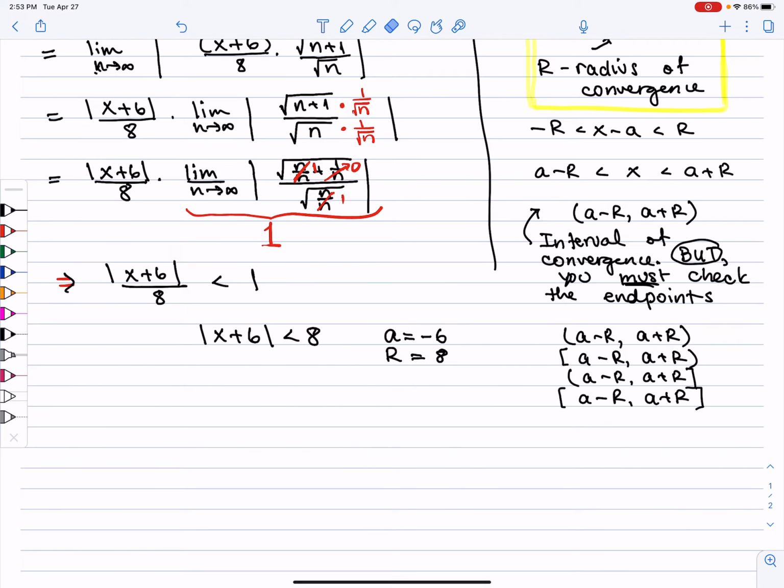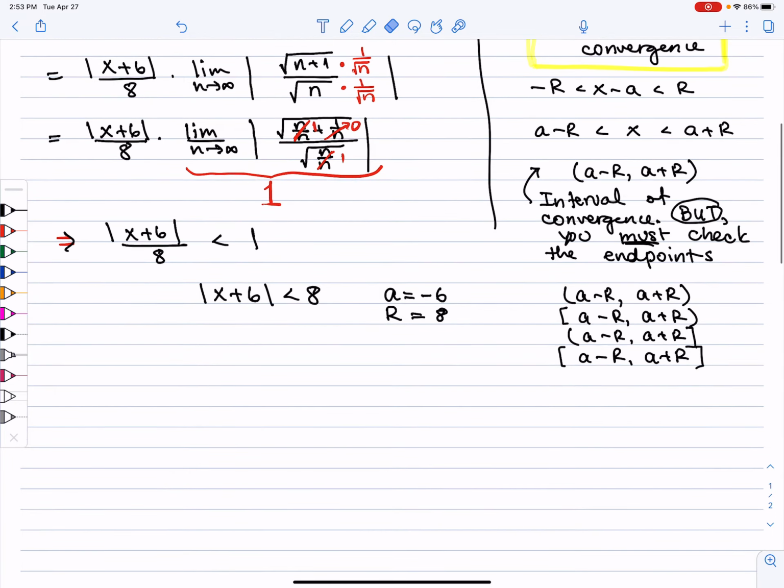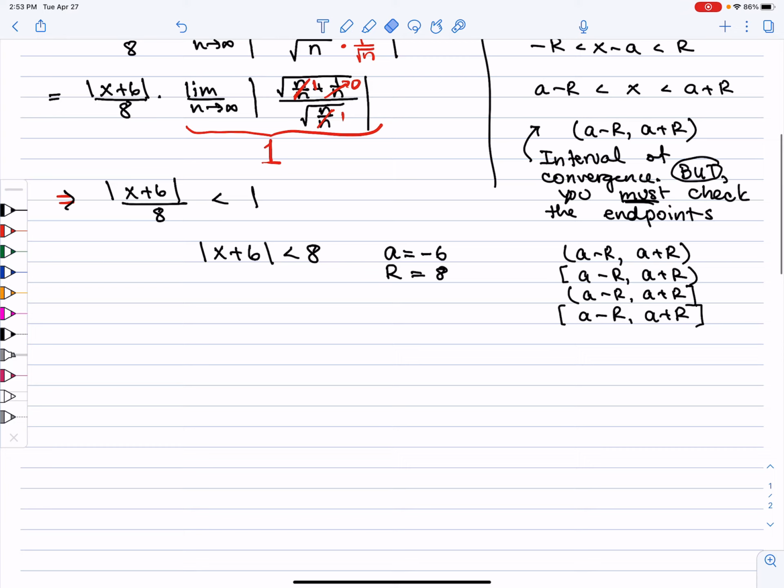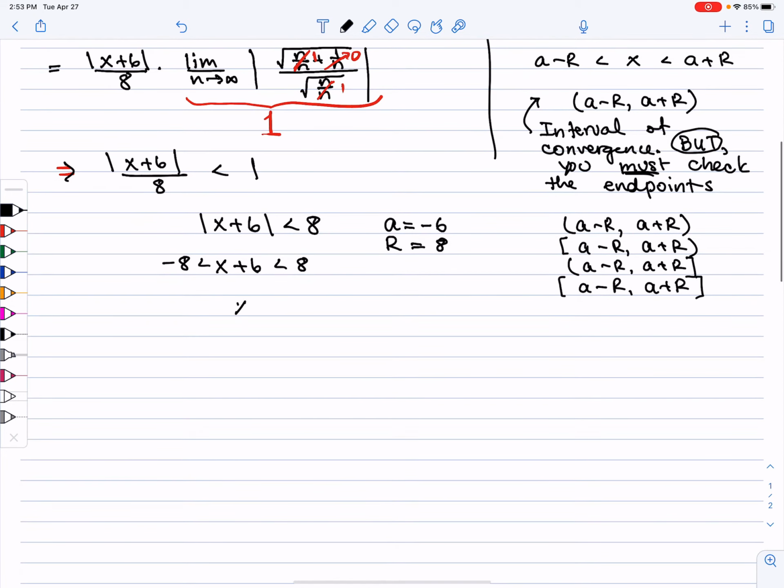All right. To find the interval of convergence, we need to solve that absolute value inequality. And to solve the absolute value inequality, you get x plus 6 less than 8 but greater than negative 8. And then we get x is less than 2 but greater than negative 14.